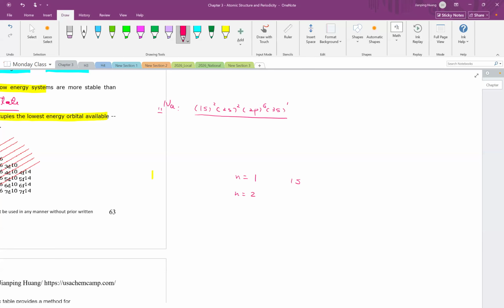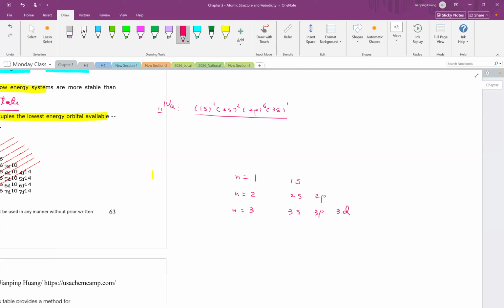N equals 2, what are the orbitals? You should say 2s, 2p. N equals 3, what are the orbitals? Can I say it's 3s, 3p, 3d?